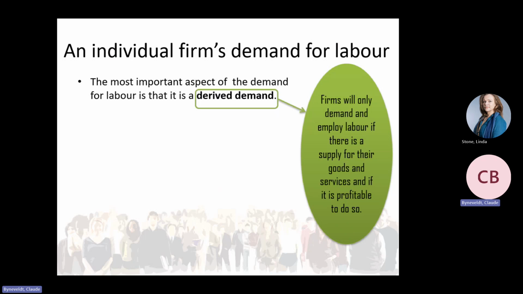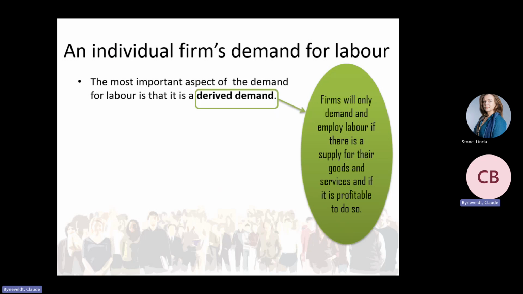It means that no firm will demand labor or workers if there's no demand for their goods in the goods and services market. And it must be profitable. So it's a derived demand.